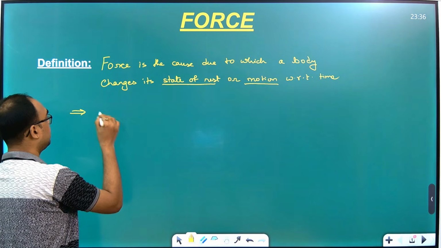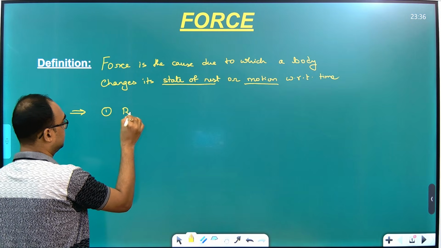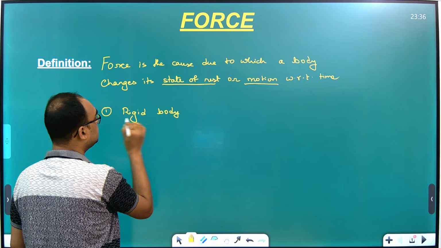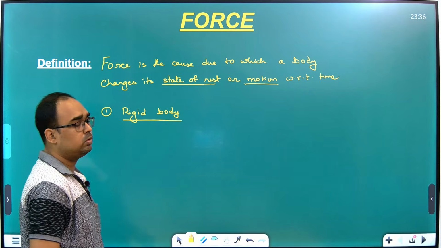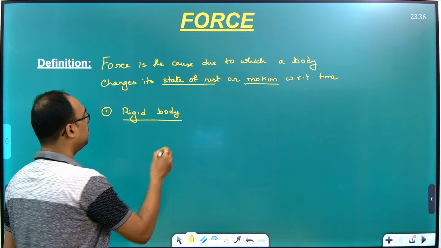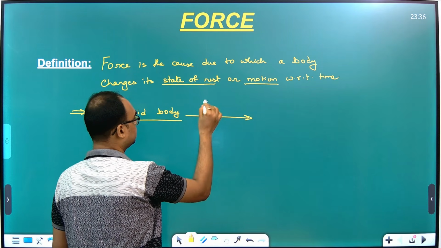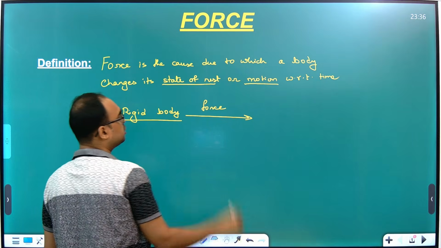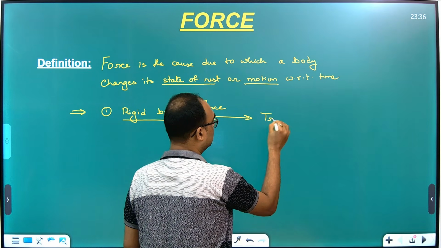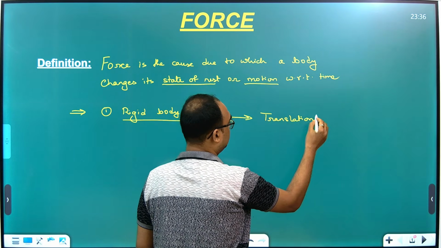For example, let's take a rigid body. Now, what is a rigid body? A body which is very hard, very firm. When you apply force on a rigid body, the motion that it will do is a translational motion or translatory motion.